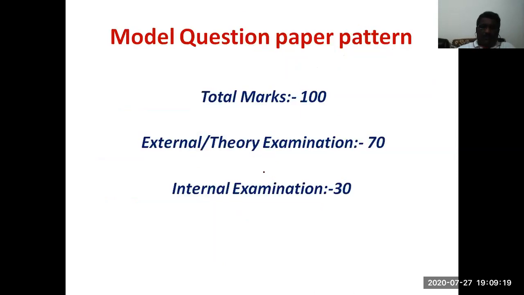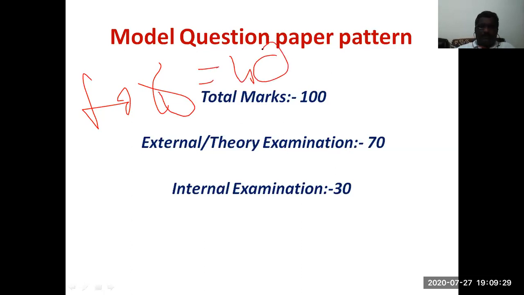The overall pass percentage is 40%. So out of 100, the student has to get 40 marks compulsorily. In the external examination also, it is compulsory that the student gets 40% marks, that is 28.